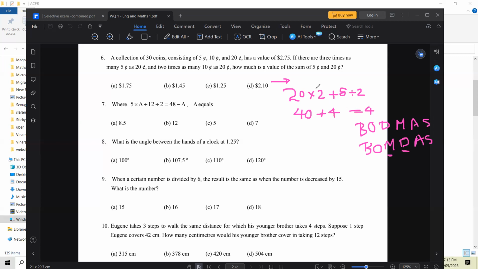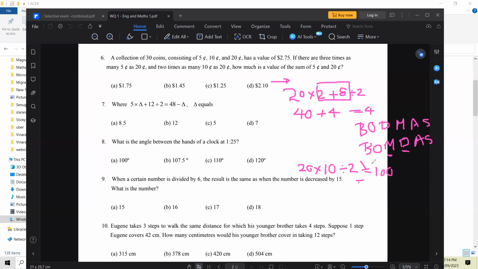But some students, what they do is, they leave the 20 and they add this together. That means 20 multiplied by 8 plus 2, 10, divided by 100. That is wrong. That is not correct.